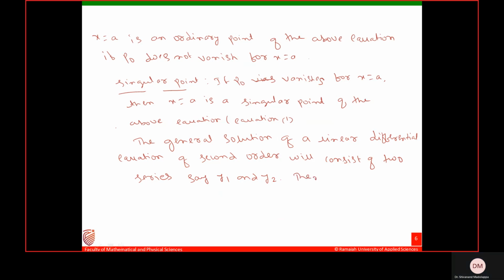Then the general solution will be y is equal to a y1 plus b y2, where a and b are arbitrary constants.